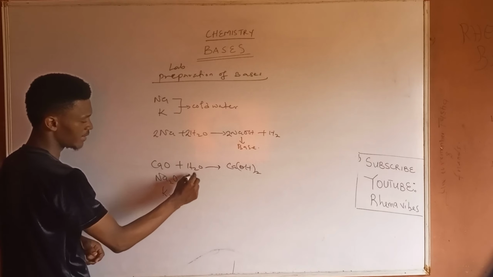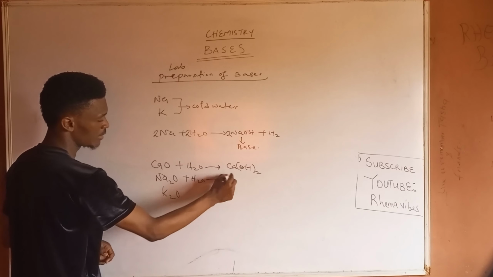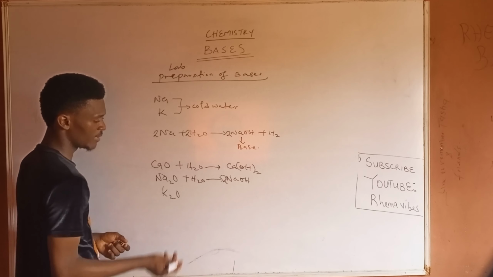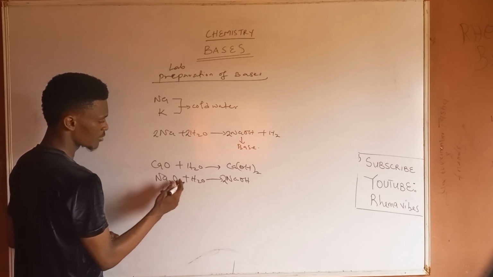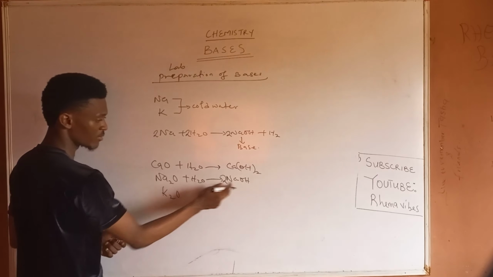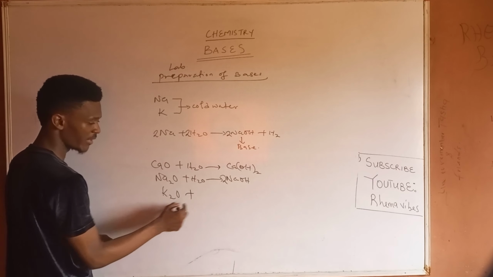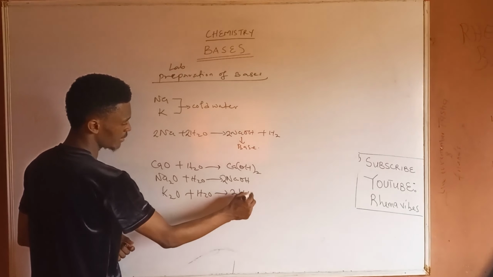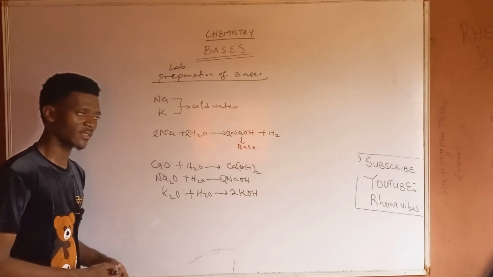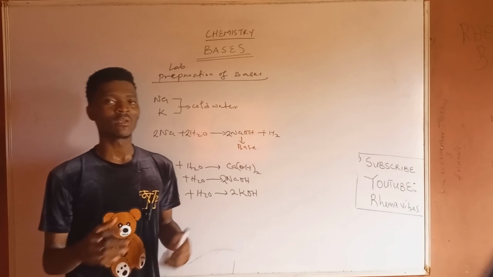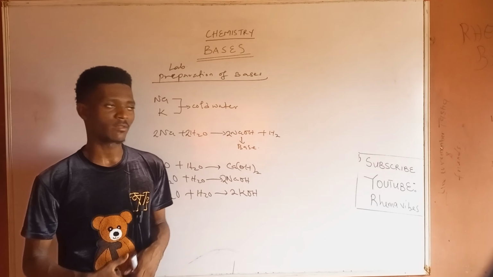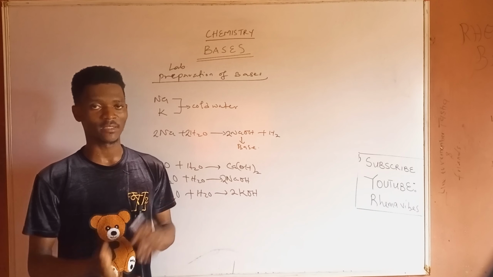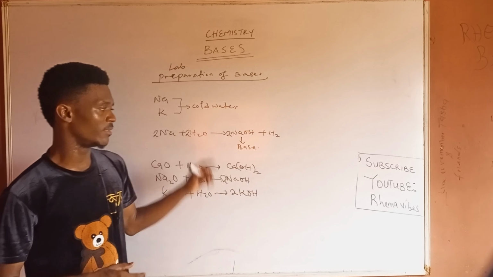Then when you dissolve sodium oxide in water, it gives you NaOH. Balancing the whole thing, you simply put 2 there because you have 2 sodiums, 2 oxygen, and 2 hydrogens. The same thing is also applicable here, and when you dissolve potassium oxide in water, it gives you 2 KOH. So that's how you can also get a base. By simply dissolving metallic oxides in water, you can obtain a base, and also by dissolving metals, most especially the group 1 and group 2 metals, in water.